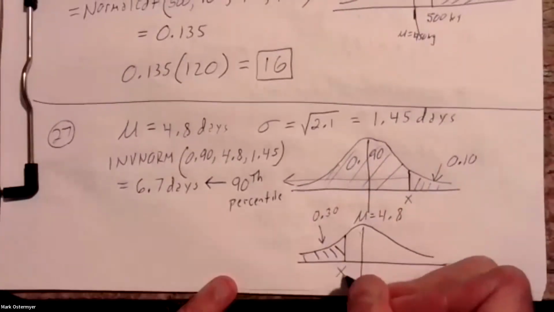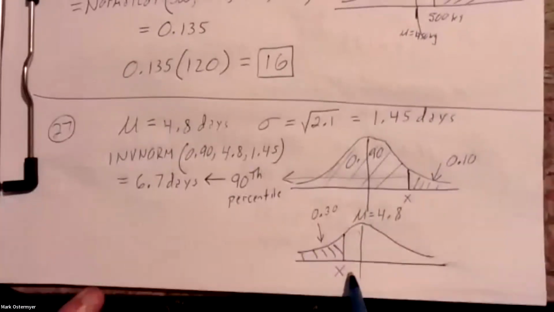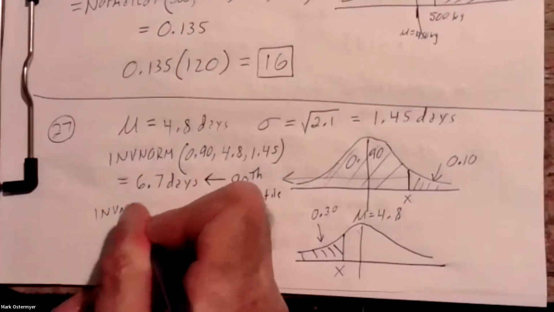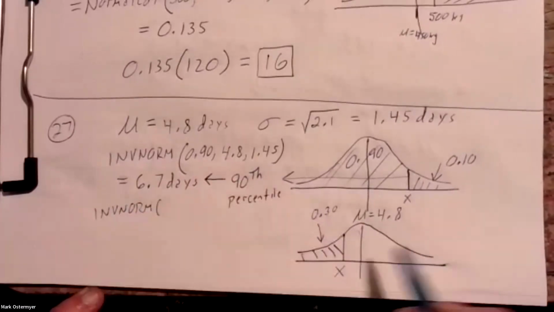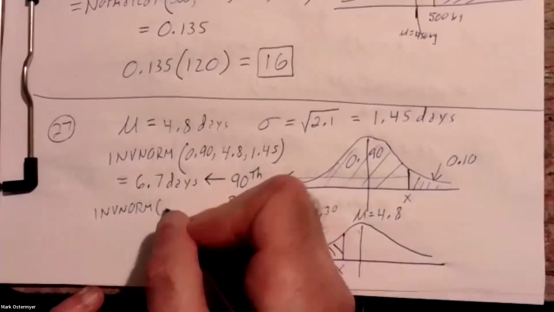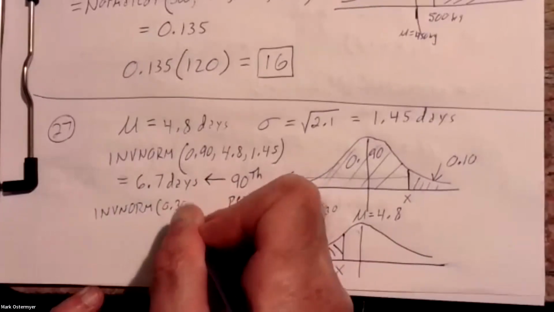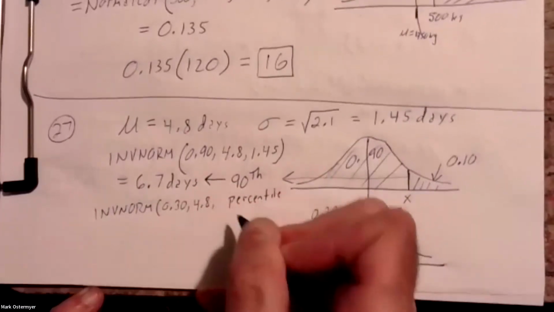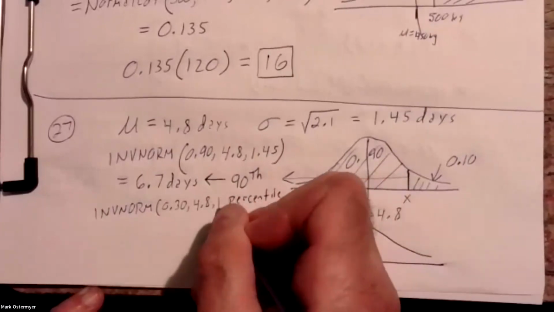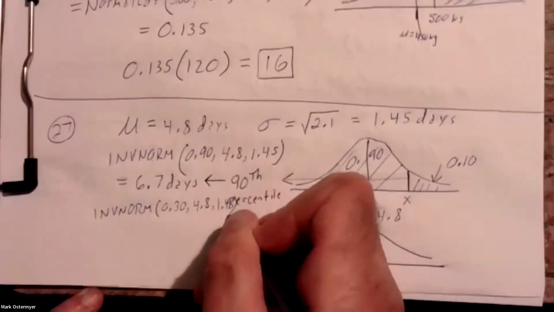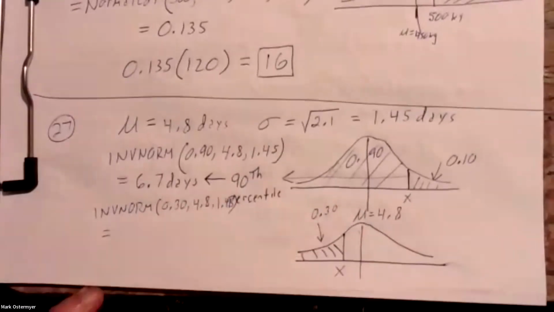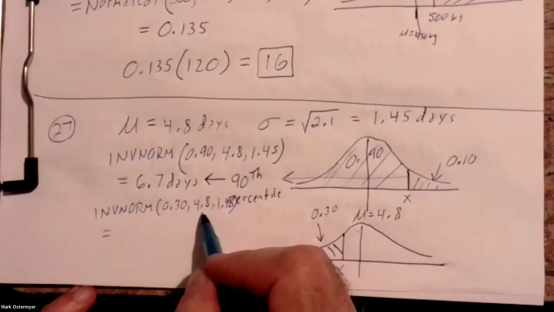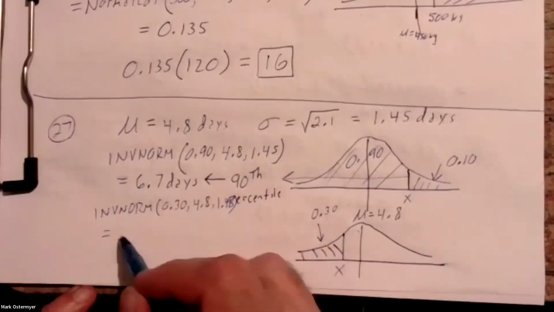We need to find this X value. So to find that, we use our inverse norm function again. The area to the left of the X value we seek is 0.30. The mean is 4.8. And the standard deviation is 1.45. So this is 0.30, comma 4.8, comma 1.45.